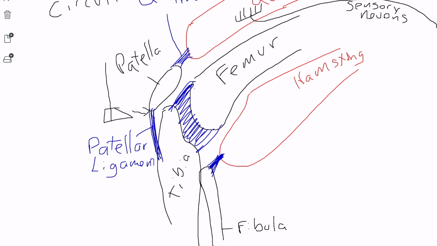So these specialized neurons detect when the tissue that they innervate are stretched. And it's a pretty ingenious mechanism by which they do that.